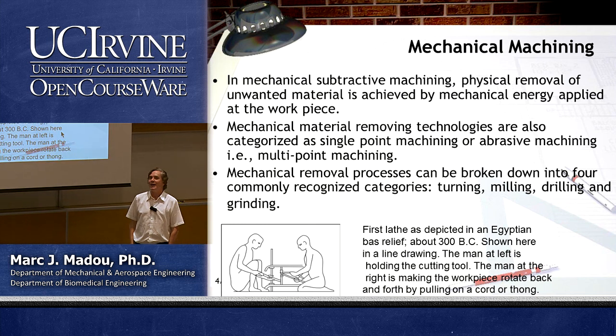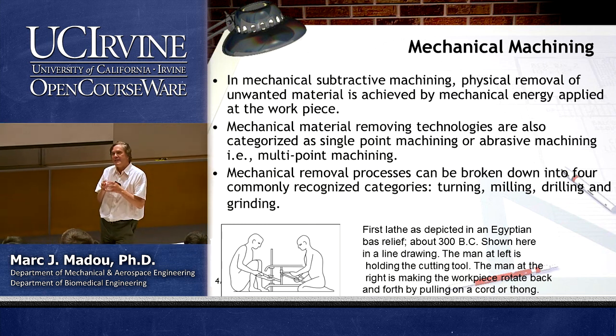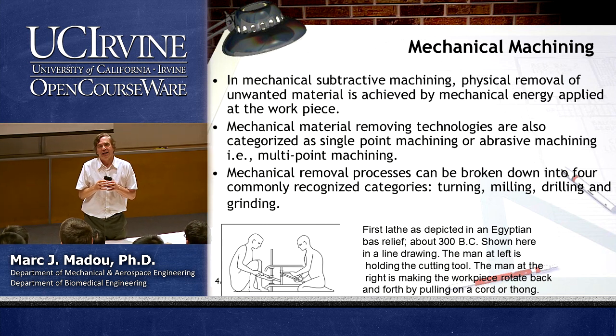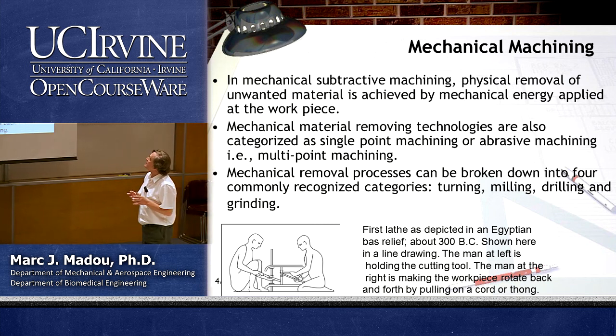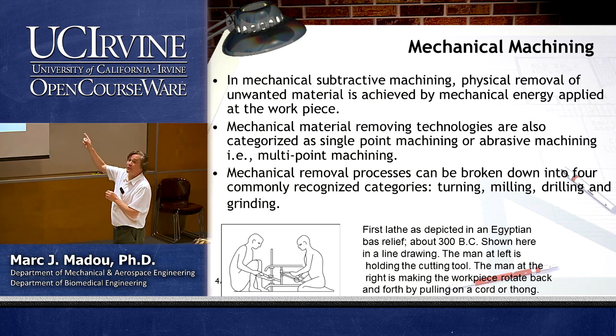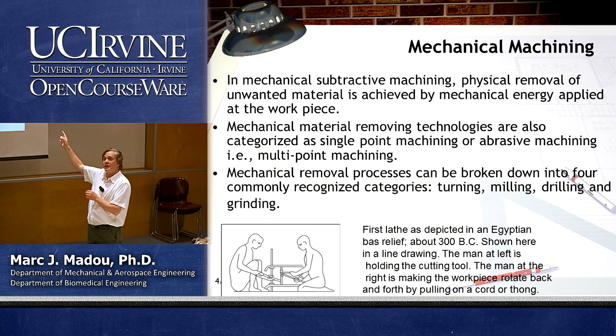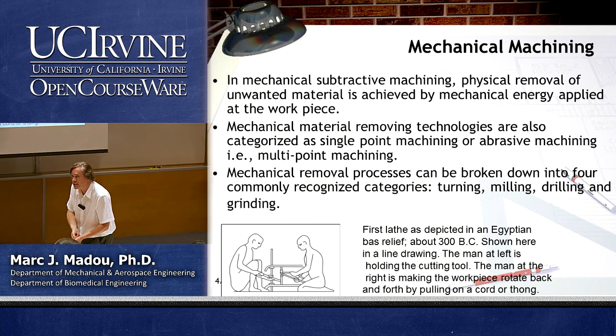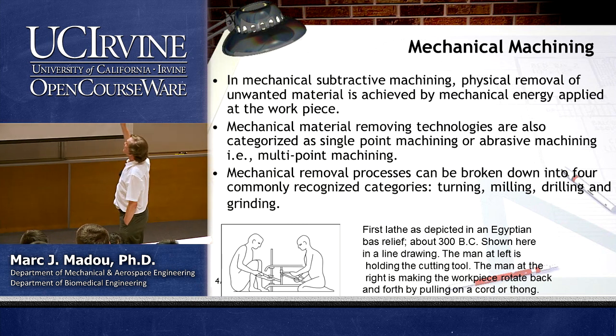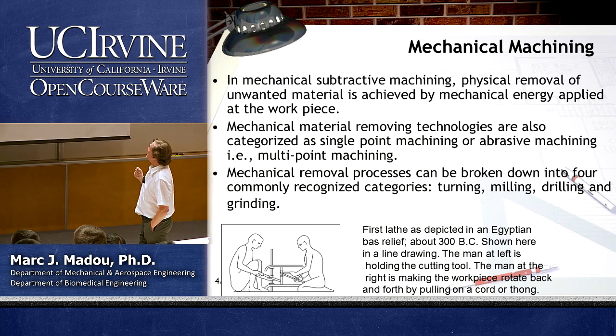And you can see how intrinsically it's linked to culture and advance in a society, finding new ways of making things. In mechanical subtractive machining, you understand each word now, right? Mechanical, because it's a mechanical force I apply, and subtractive. Physical removal of unwanted material is achieved by mechanical energy applied at the workpiece.